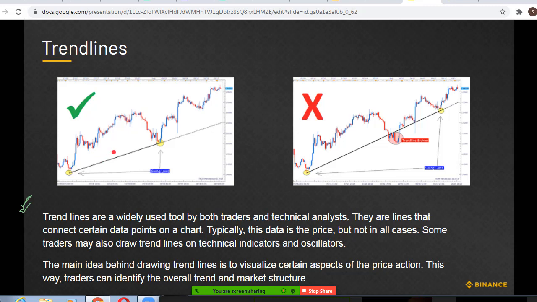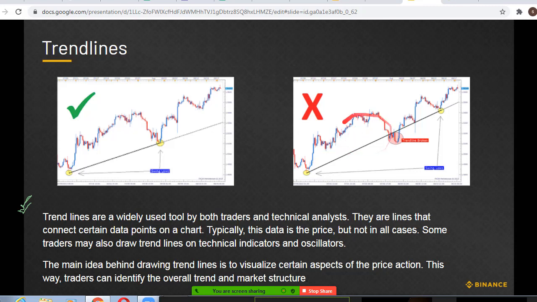But for a beginner, it is advisable that when you're drawing your trend line, especially the major trend, don't allow your trend line to cut across the chart. Find two significant points, like in this case, one, you see two, and then connect your trend line. Now, that means that if price comes to this level, at this point, it will bounce back. Reason why? Because price bounced back here, and price also bounced back here.